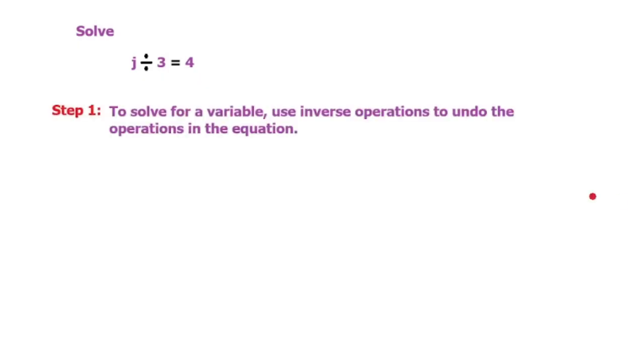So the first step is to solve for a variable, use inverse operations to undo the operations in the equation. So our focus is always to try to get j by itself. Because here we're dividing j by 3, the inverse operation of that is to multiply by 3, right?